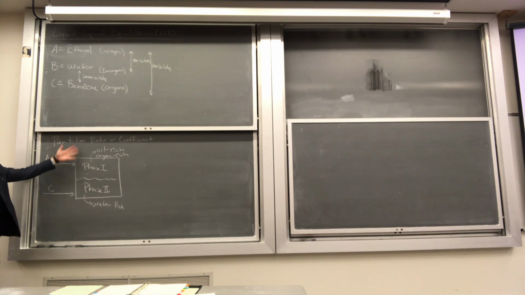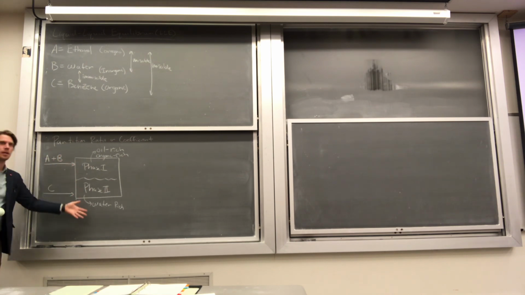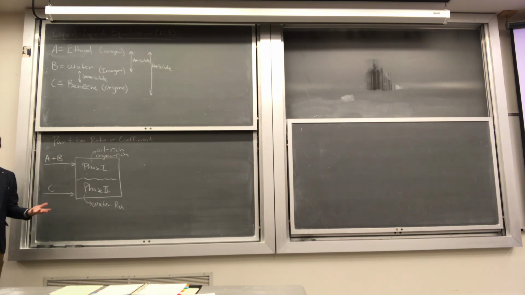Okay? So when we're talking about liquid-liquid equilibrium, we can call it A-rich and C-rich, or we can call it oil-rich and water-rich, right? Or we can just call it phase 1 and phase 2. But it's not the same convenient nomenclature as vapor and liquid, because we don't have a name, because they're both liquids.